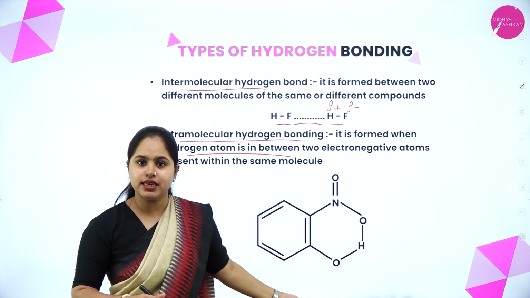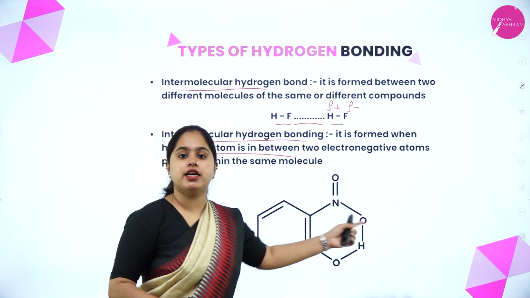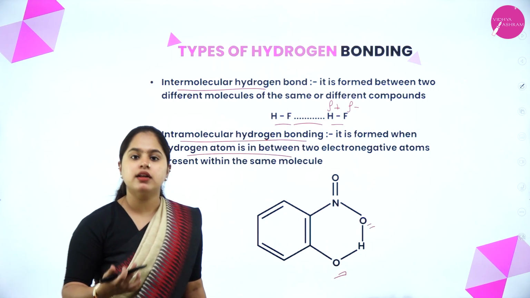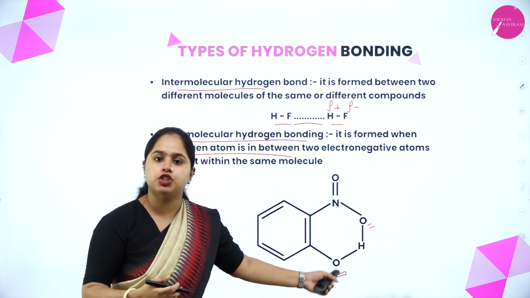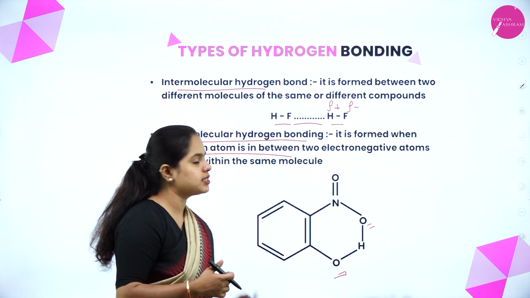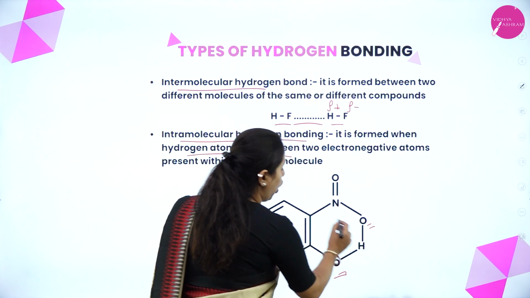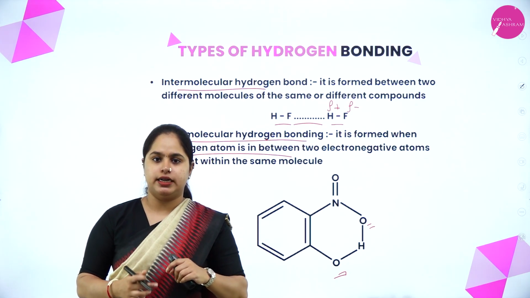The hydrogen is present in between two electronegative atoms, that is these two oxygens, which are more electronegative than hydrogen. So a hydrogen bond will be formed within this molecule, between the oxygen and hydrogen atom. So that is intramolecular hydrogen bonding.